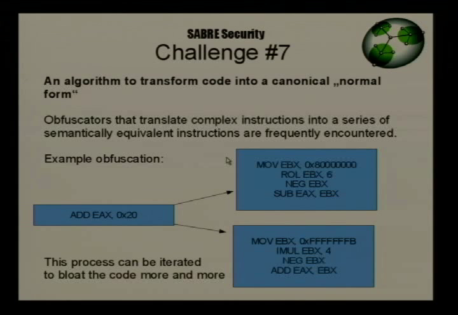So you have one instruction, and you have multiple tables which have equivalent but different entries to represent a certain instruction. What they'll then do is a lookup into the table, replace one instruction with another one, and iterate this. Here in an example, we can obfuscate add EAX 20 in these two different ways, and you can come up with an arbitrary number of other ways to represent this.